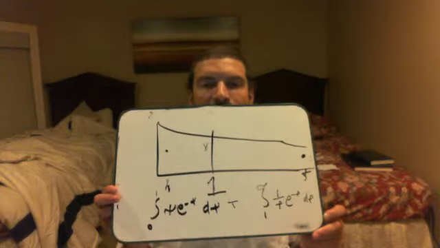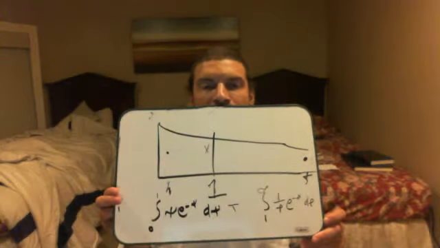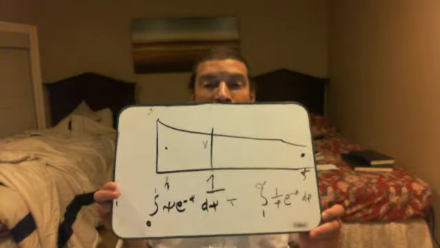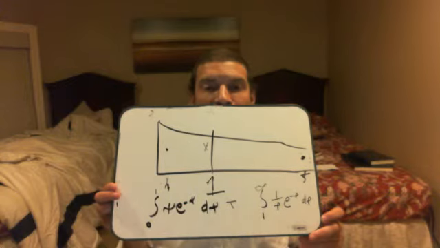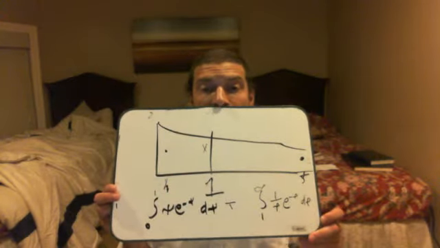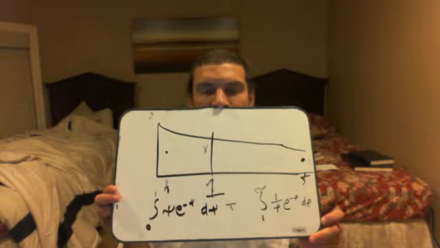Why is that? Because right now we are saying if it lands on 5 or 6 or 7, so let's say it lands on 5, there is a probability of e negative 5 times dx, a tiny number.